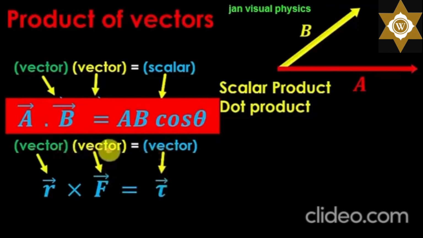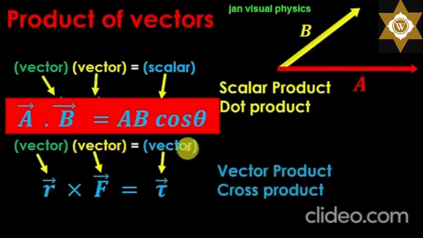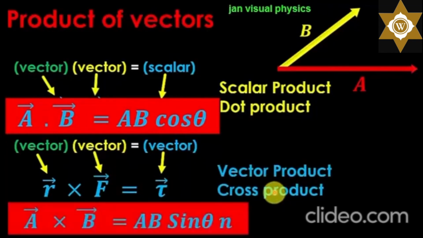The product of two vectors which result in a vector quantity is called vector product or cross product. Cross product is generally written as A cross B is equal to AB sin theta in the direction of unit vector n. In this video I shall discuss just the scalar product. The vector product or cross product will be covered in a separate video.